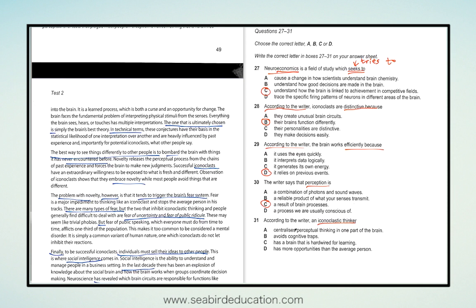Centralizes one part of the brain. Which do not inhibit their reactions.